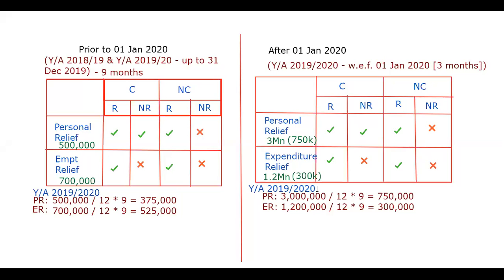Here you can mention 3 months. Here you can mention 9 months. Right. Hope you get this understanding properly. I will share this mind map as well with you. Then move into the slide again.